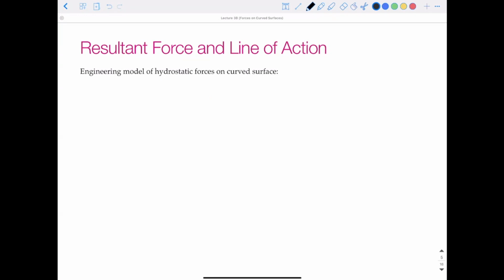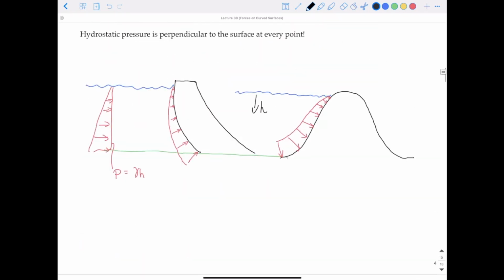So our objectives now, if we go back up here, we want to find that reaction force. So let's say that reaction force is going to be somewhere here. And then for this one, maybe it's somewhere here. And it's going to have some line of action. Draw in black.